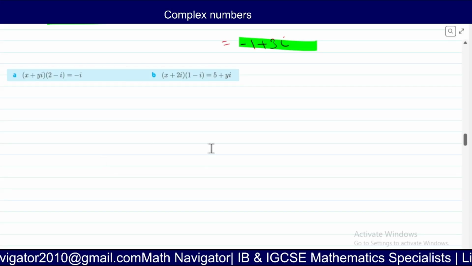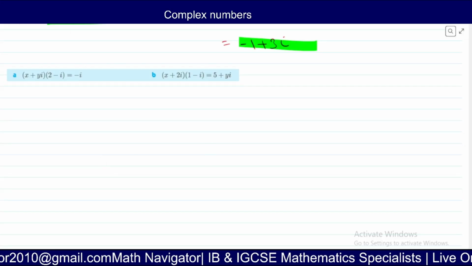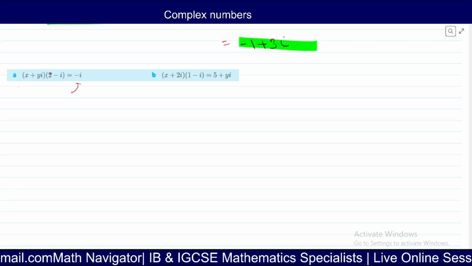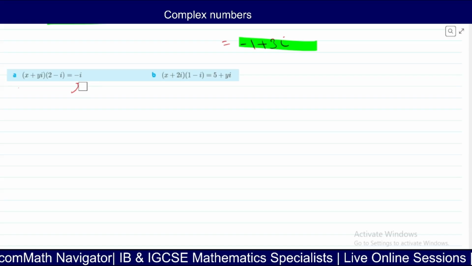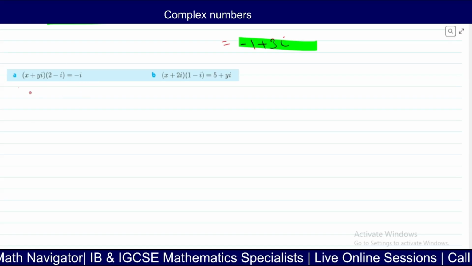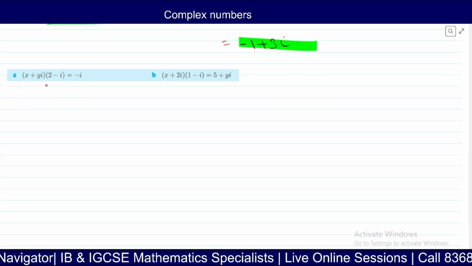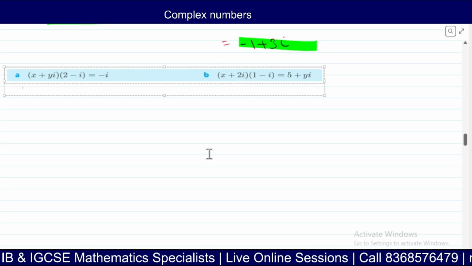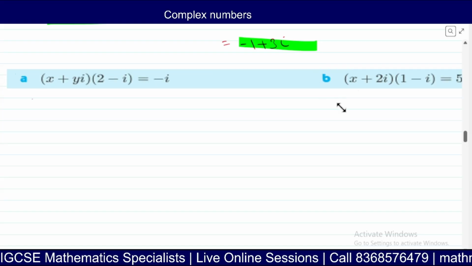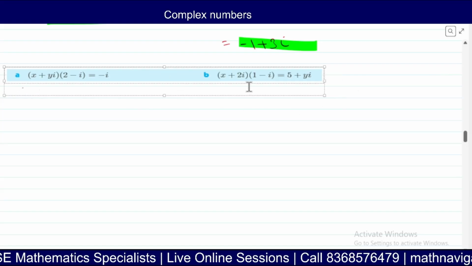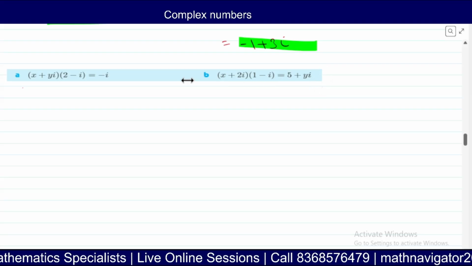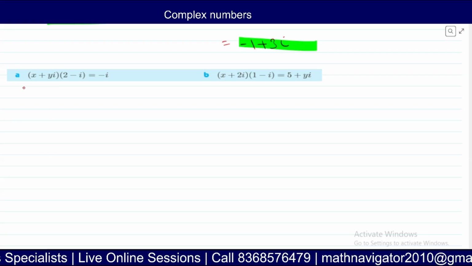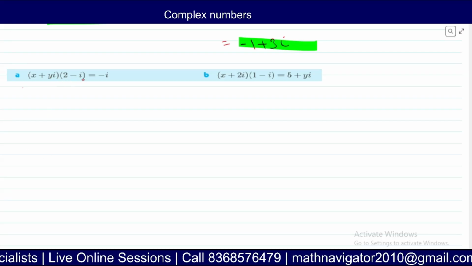Right. So basically, understand this. You can keep this thing here and these things here, or you can take everything on the left hand side and make it 0. I'll explain what I mean. First, we need to solve it. So let's say x plus yi is equal to 2 minus i.